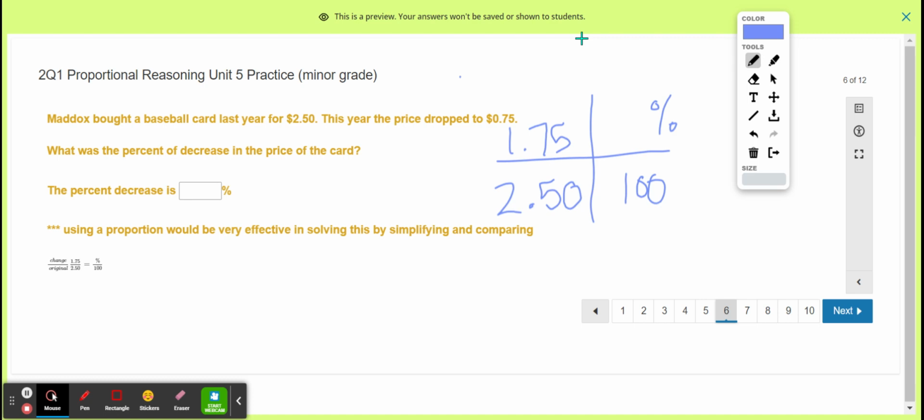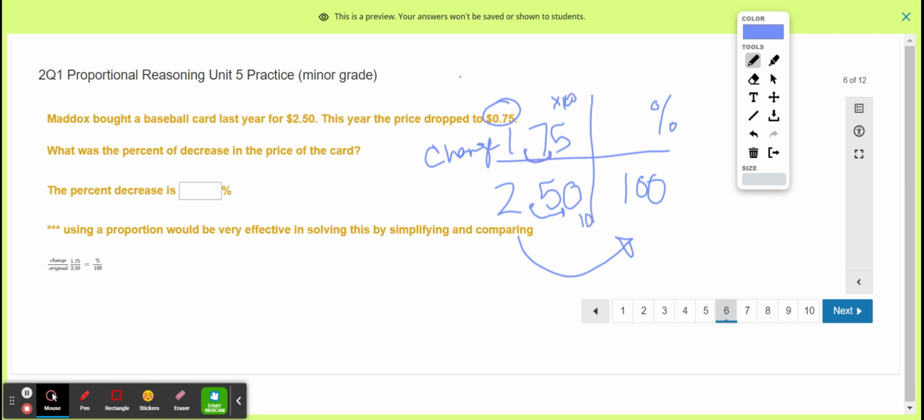So here we're looking for the change over the original. The price dropped to 75 cents, but it changed by $1.75. So looking at the relationship here, 2.50 over 100. Well, mathematically, if we move this over one decimal place value, that's multiplying both of these numbers by 10, which still keeps them equivalent.